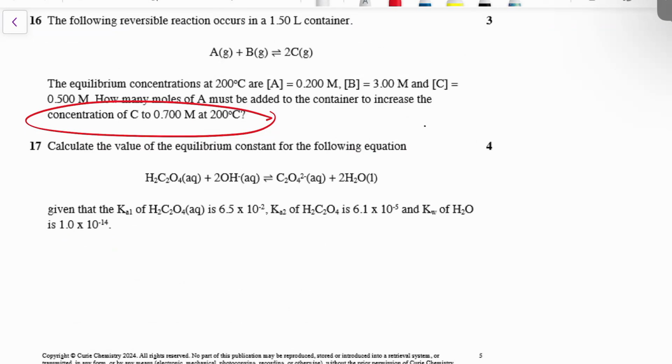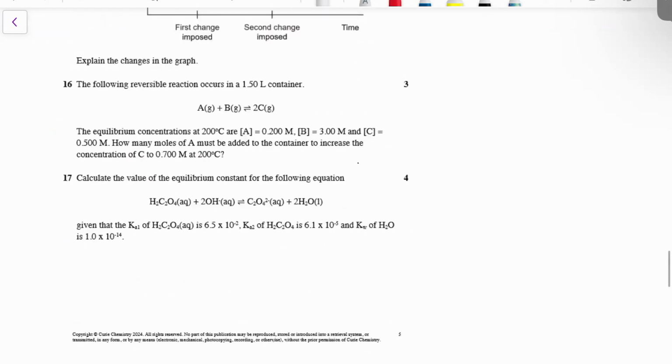It doesn't mean that the change was 0.7. With a question like this, it's easiest to think about it in terms of a graph.